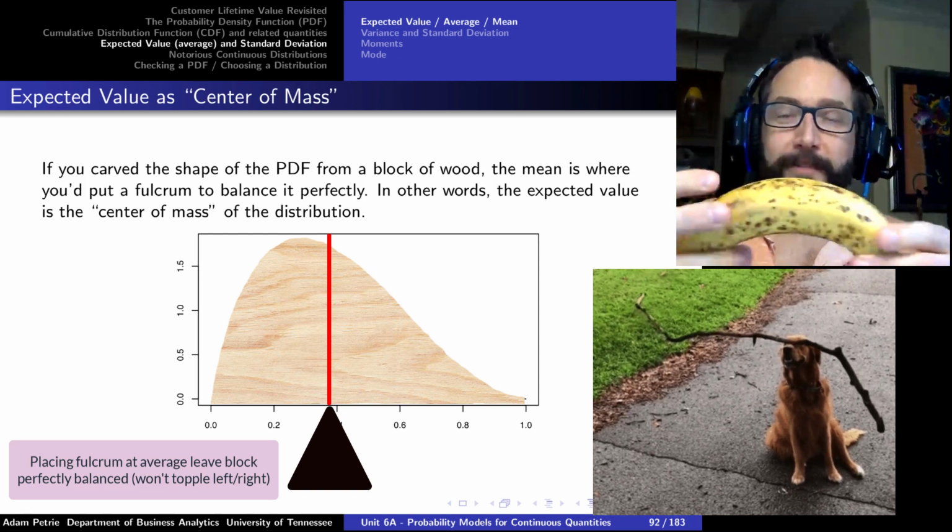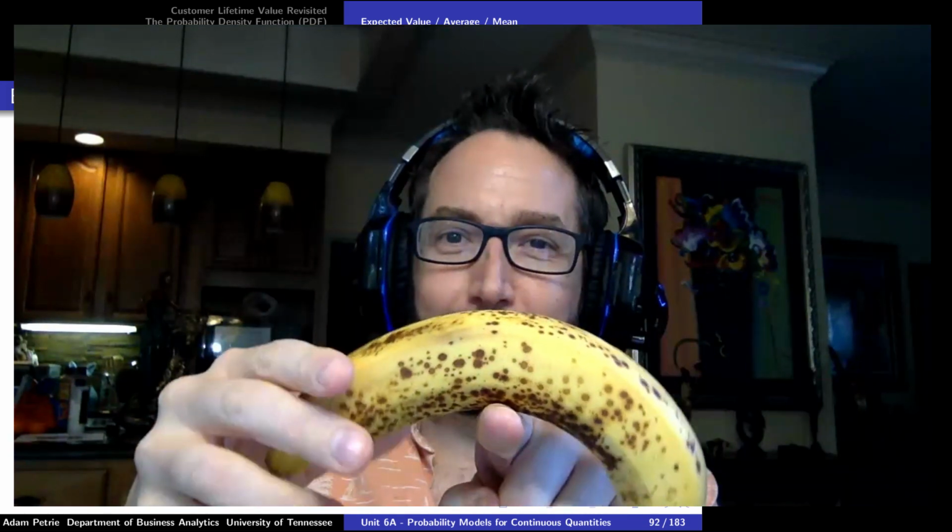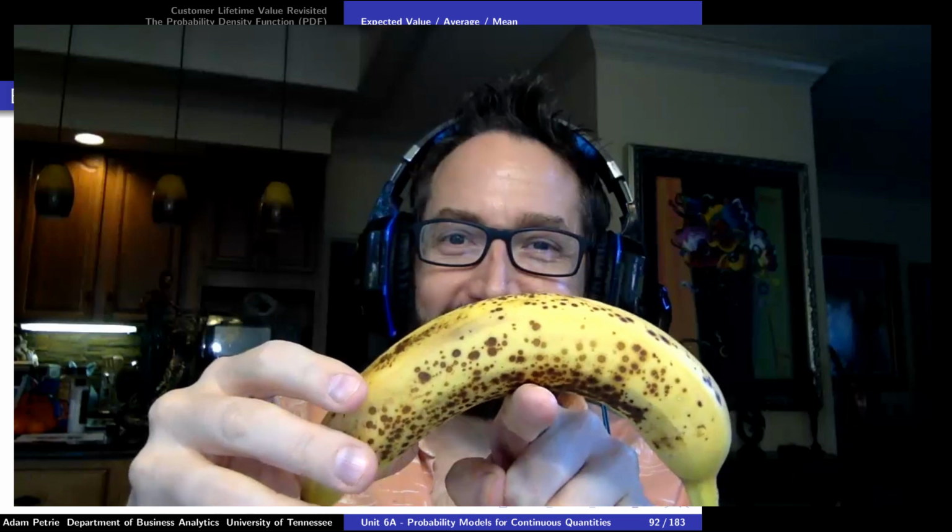So, for example, if I had a banana that was giving me the shape of my probability distribution, the expected value of this distribution, the average value, would be essentially where I need to place my finger so that it balances just right without tipping over. So there we go. The average value works out to be right at about the center of this banana, kind of where it peaks. Makes a lot of sense.